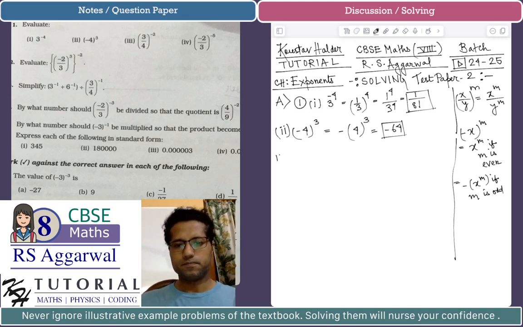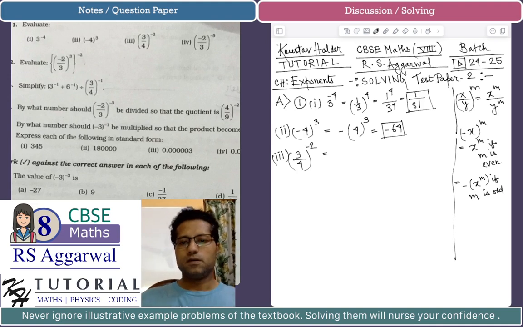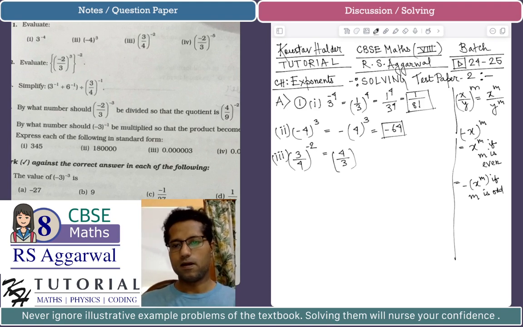Part 3 is 3 by 4 raised to the power minus 2. Now whenever you have a rational number raised to a negative power, the result will be the reciprocal of the base raised to the same power but without the negative sign.